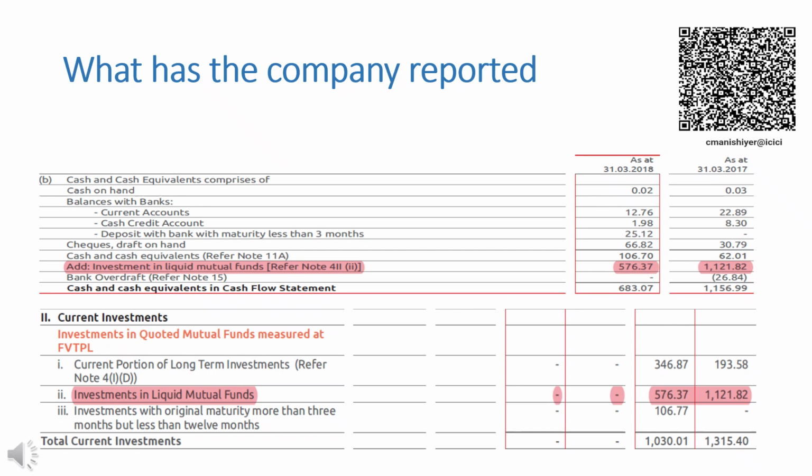Unless the requirements of offsetting of financial assets and financial liabilities given in paragraph 42 of Ind AS 32 Financial Instruments Presentation are met, bank overdrafts cannot be aggregated with cash equivalents though considered as component of cash equivalents.